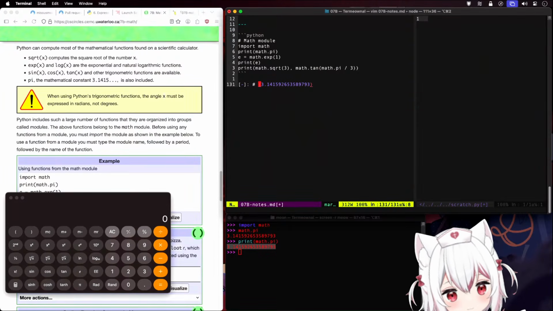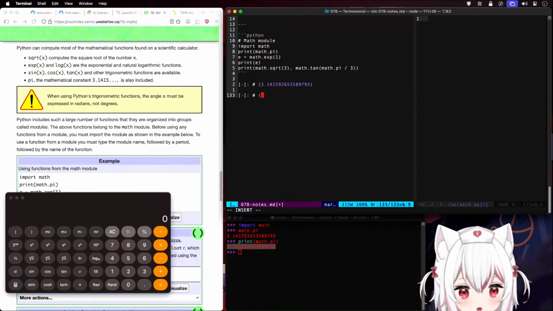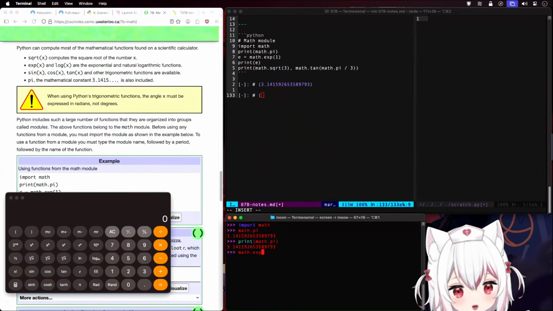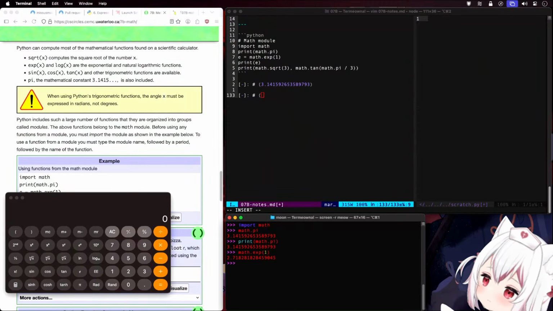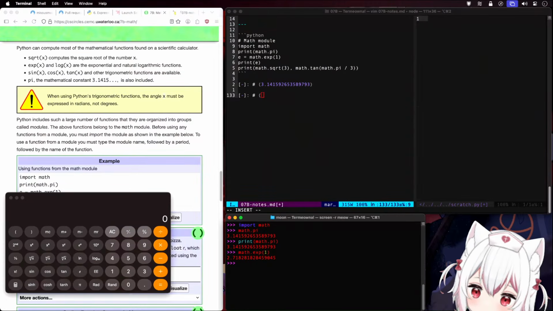And then we have E, which is math. Exponential and natural logarithmic functions.